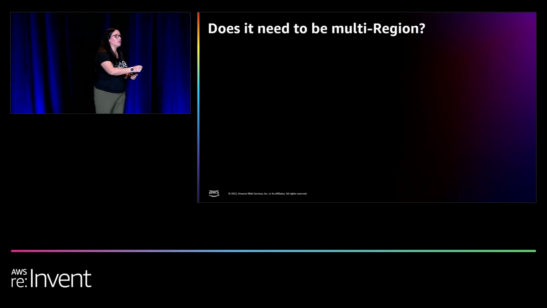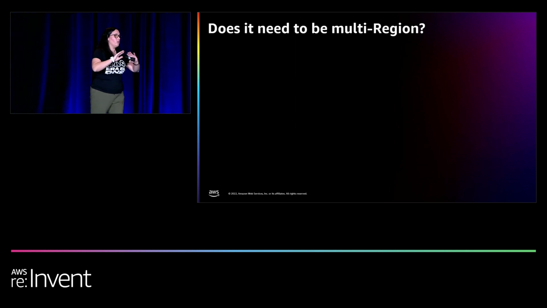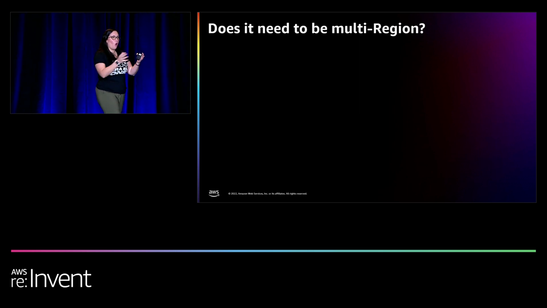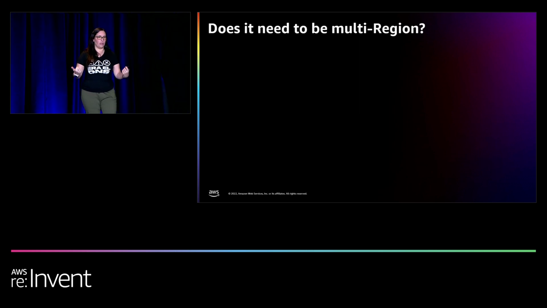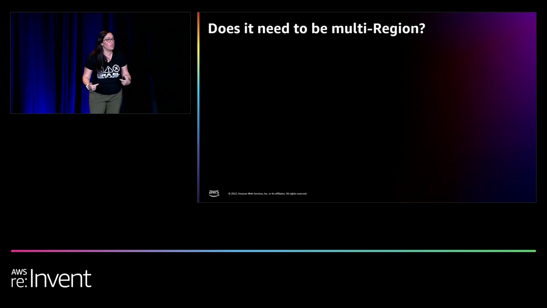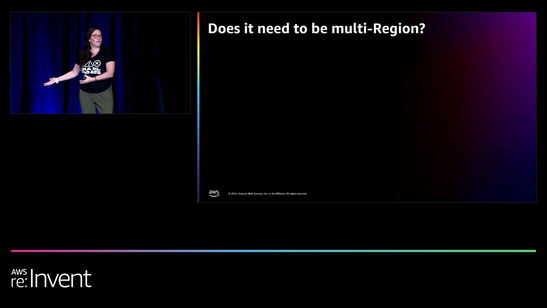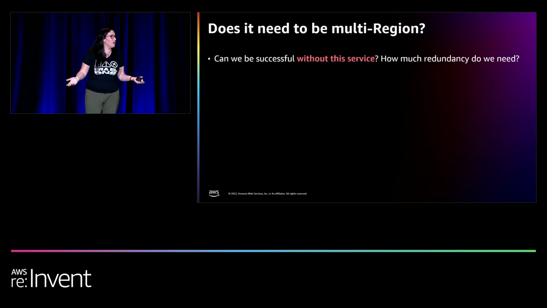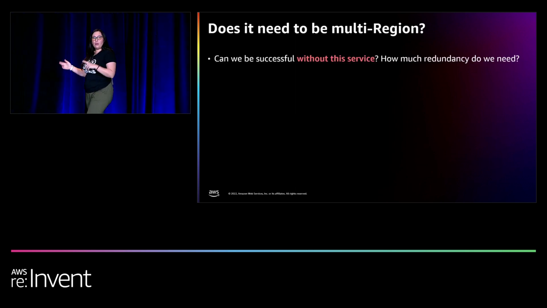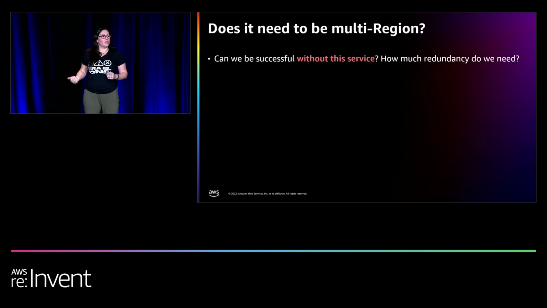You always want your customers to be able to order a product. So maybe your order system, your order flow is multi-region. Your backend systems that are supporting that ordering process need to be multi-region, because if something fails, then the fulfillment of the order will not happen. But your recommendation service, we can live without it. So thinking about which services need to be multi-region is critical.